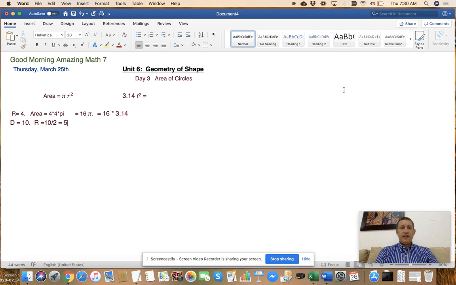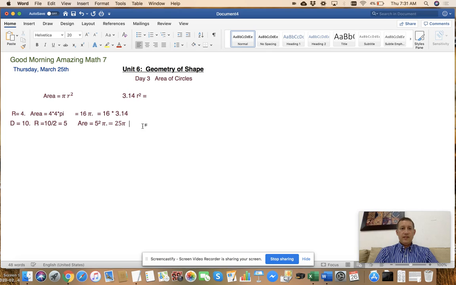So now we know what the radius is. To find the area, we do 5 squared, which is 5 times 5, times pi. Okay? And so that would be 25 pi. It's going to be your answer.